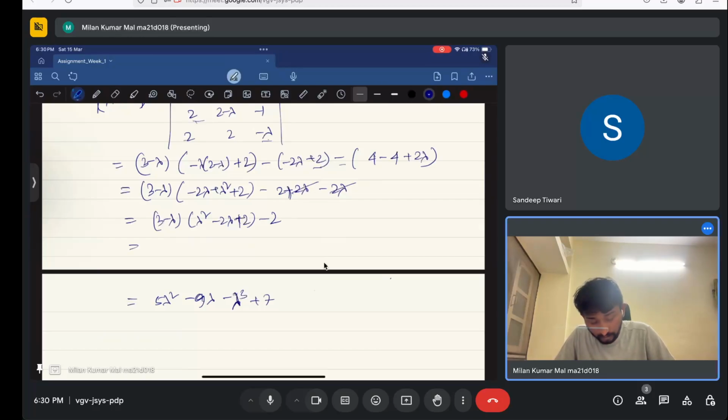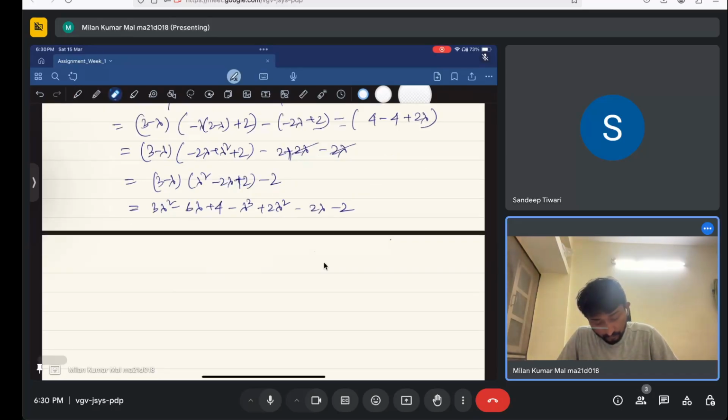Thanks. This is 3 lambda square minus 6 lambda plus 4 minus lambda cube plus 2 lambda square minus 2 lambda minus 2. So this is equal to 5 lambda square minus 8 lambda minus lambda cube plus 2.